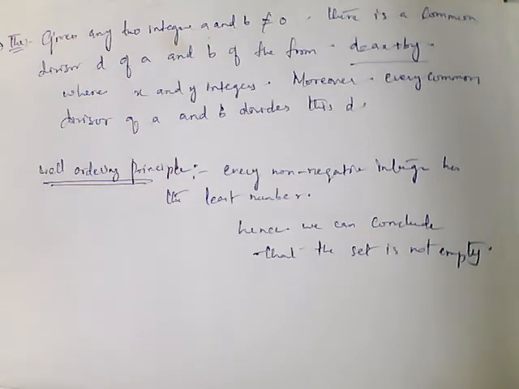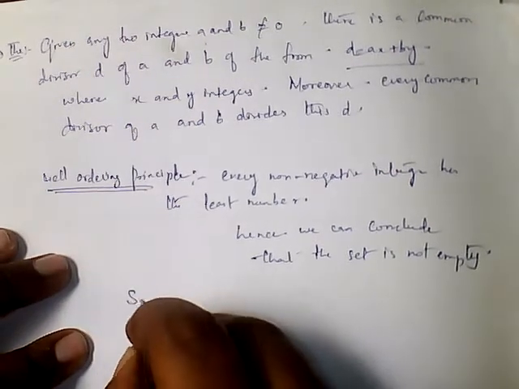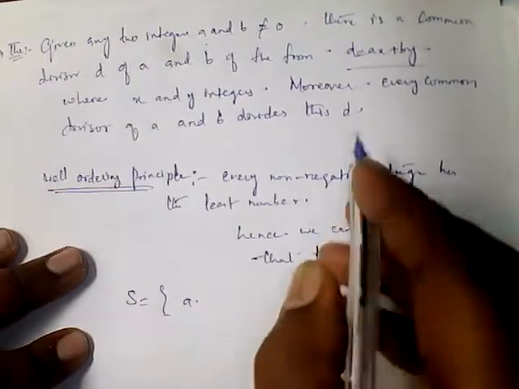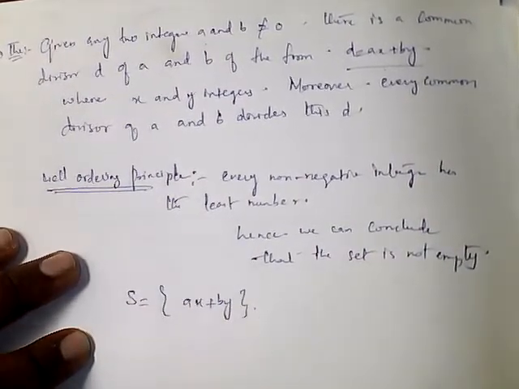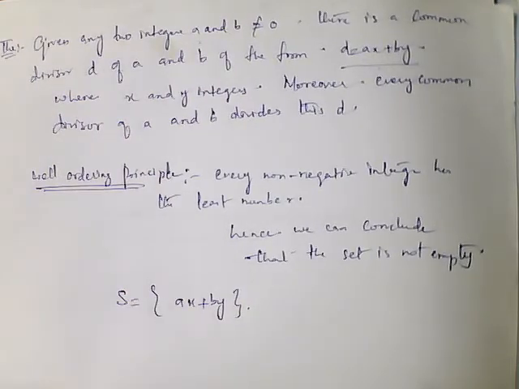So first, the set that you're considering, because you want to prove this, ax plus by, is non-empty. Just by proving that this is non-empty, that is, there is a minimum number that exists in that set, we claim that this number would be the number we consider as the remainder.